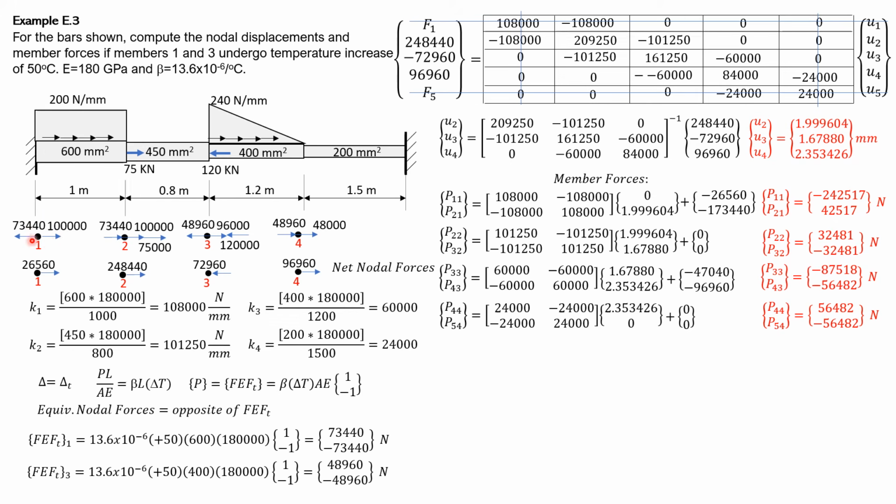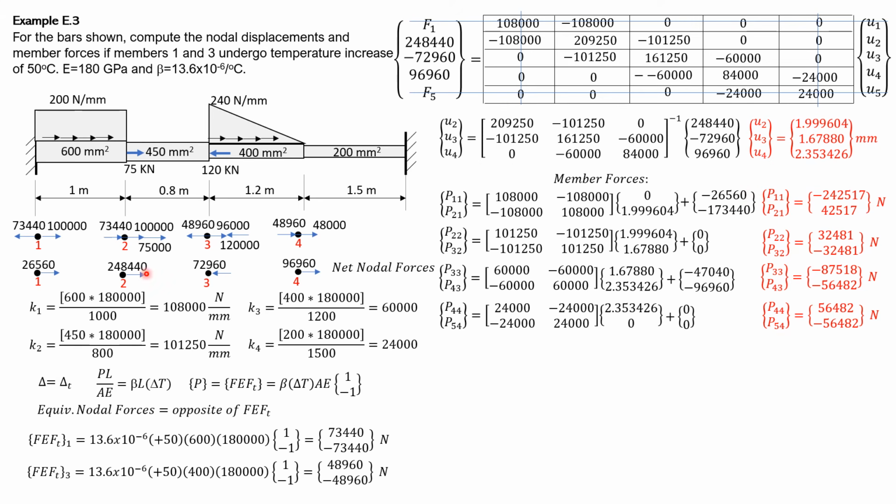These are nodal forces, so the fixed end forces would be 73,440, then minus 100,000, opposite to this. So 73,440 is treated positive and 100,000 negative. Because this is a rightward nodal force, you just change the sign, so leftward. So we have here negative 26,560.